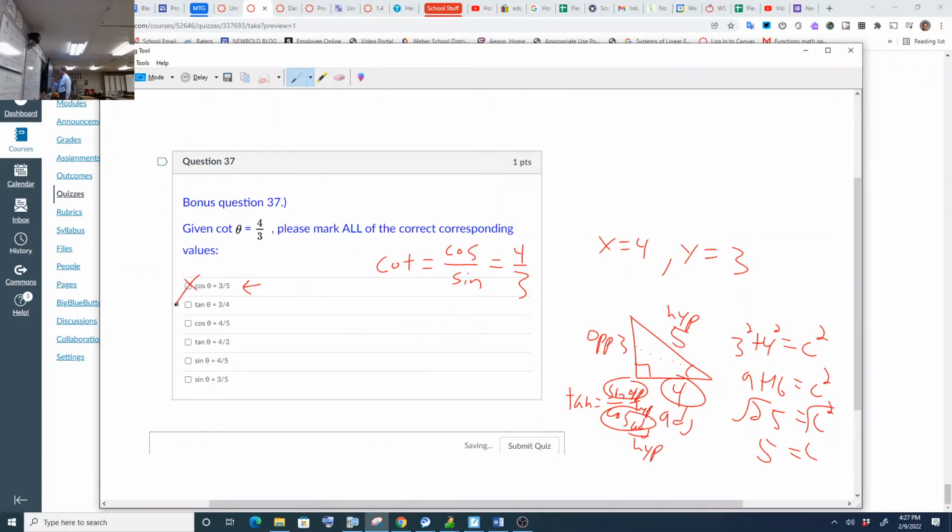Oh, but this one, adjacent is 4, so that's right. What is tangent? Well, tangent's just flipped, right? Tangent is not 4 over 3, but tangent is 3 over 4. So that's right, and that's wrong. And last but not least, what is sine? Sine was opposite, so 3 over 5. There we go. So there's our 3 answers, and that's how we do it.